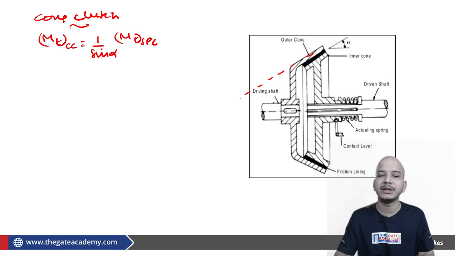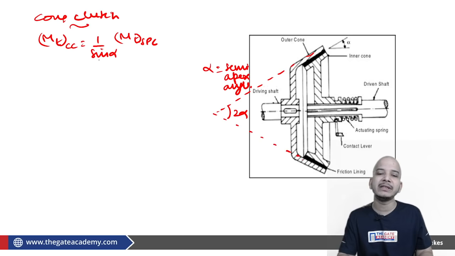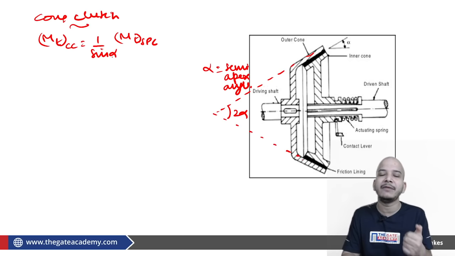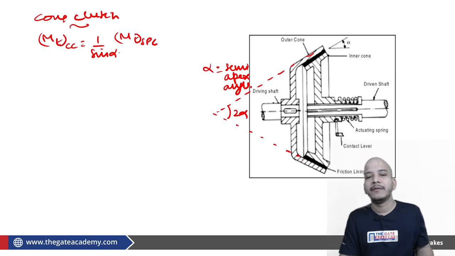This is a part of an imaginary cone, and this imaginary cone will have some apex angle. Let's say this apex angle is 2 alpha. So alpha is the semi apex angle. Now if alpha is the semi apex angle, you can understand that 1 by sine alpha is greater than 1. Definitely the MT for the cone clutch is greater than MT for the single plate clutch.